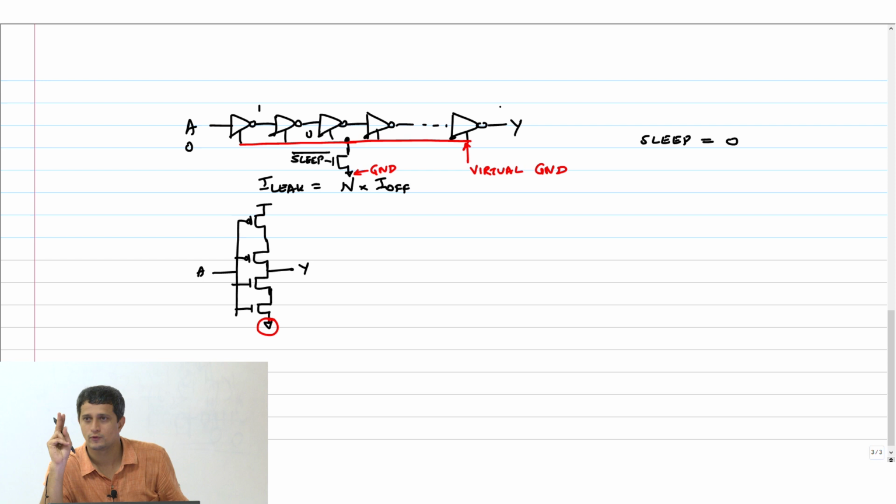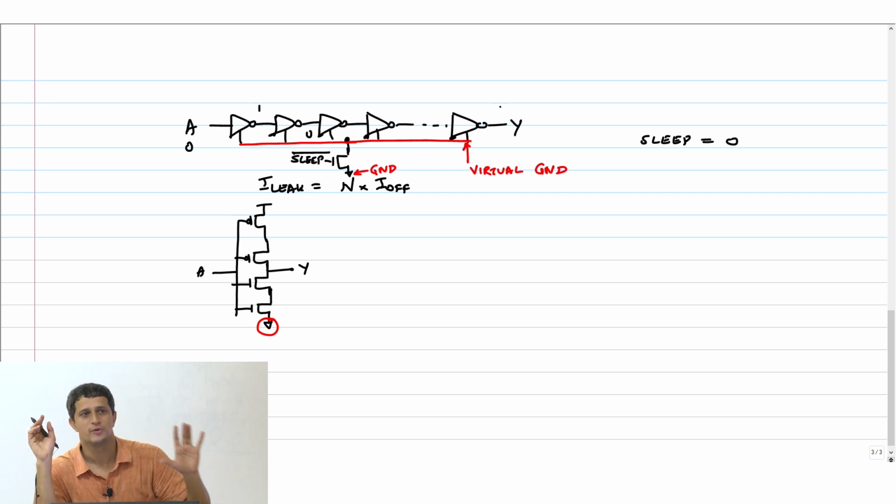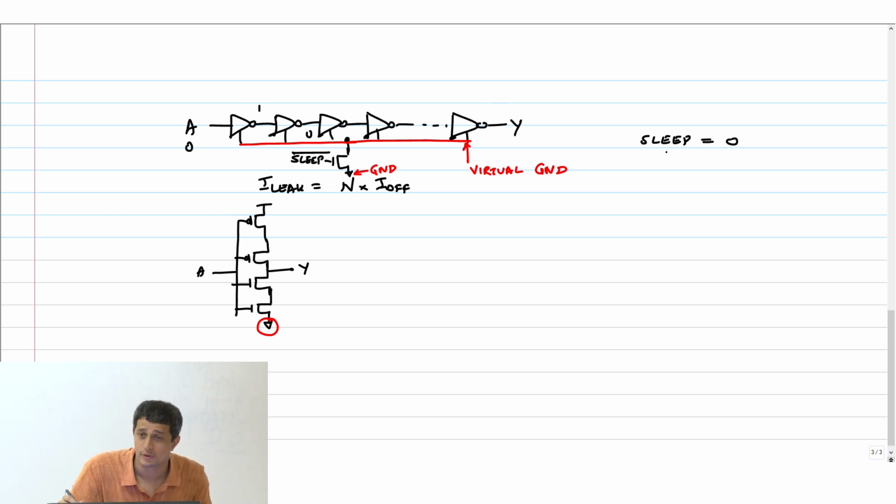Okay, so I have two modes of working. One is the sleep state, the other is the actual state, right? In mission mode, I want this virtual ground to be as close to ground as possible. For that reason, my sleep transistor has to be very, very large. This is basically called mission mode, right?